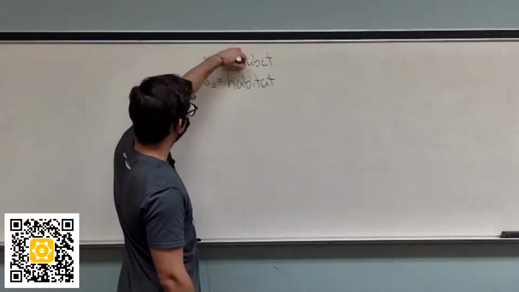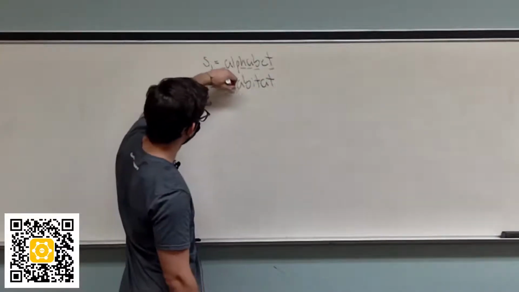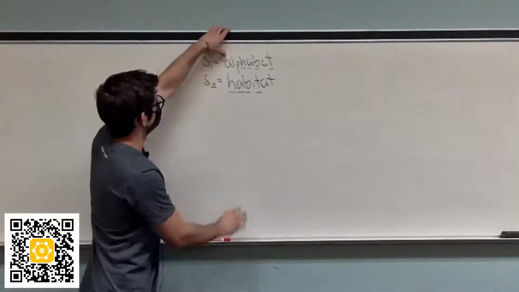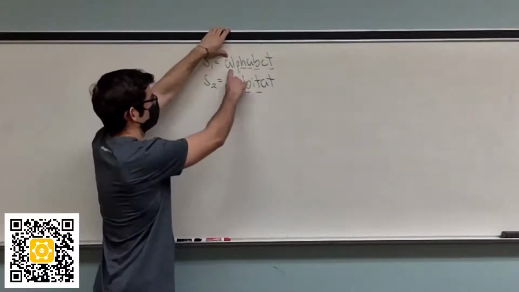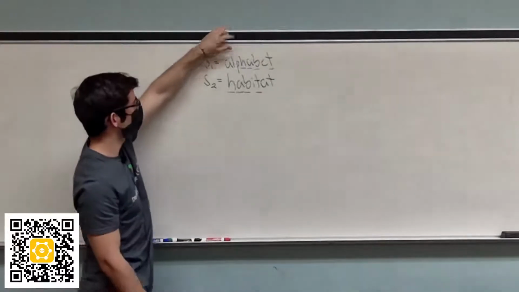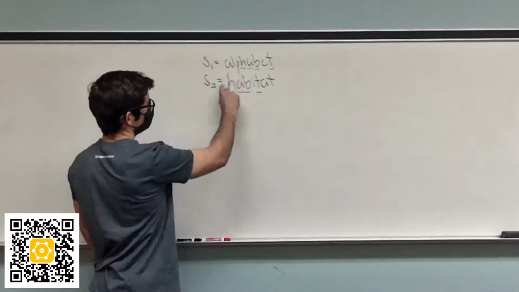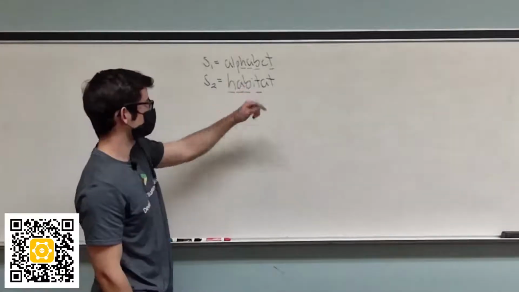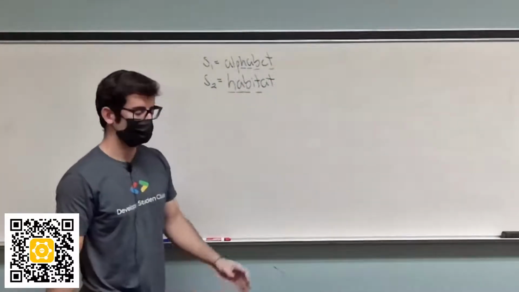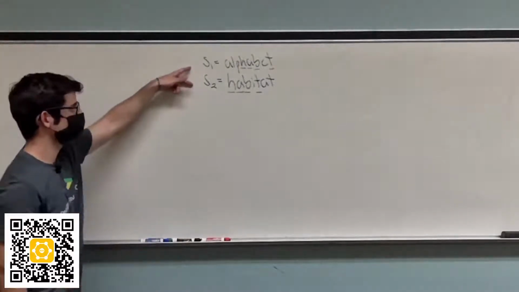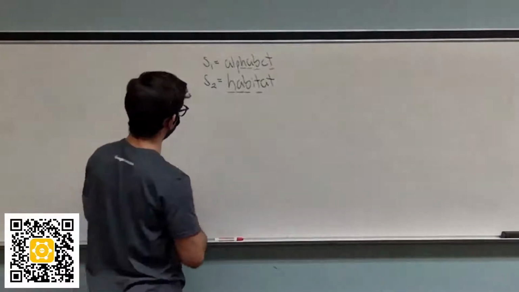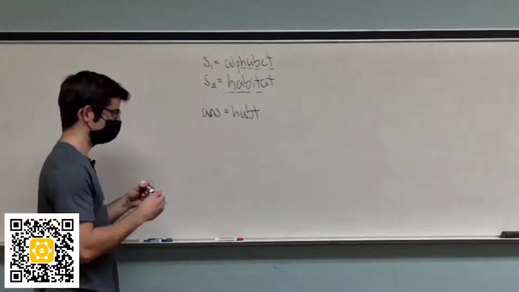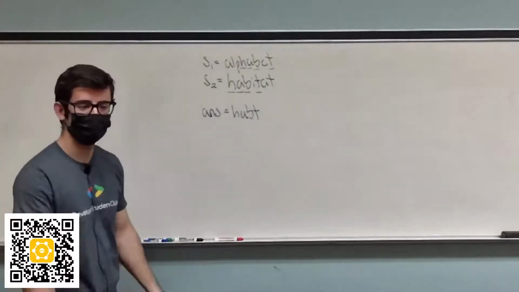The answer here will be H, A, B, and then T. The reason is that in alphabet, there is no character in common with habitat until it gets to the H. From there, H and H are in common, A and A, B and B, and then the next character in common is T. So the longest common subsequence would be H-A-B-T. Does that make sense so far?